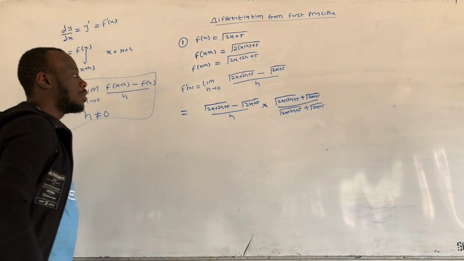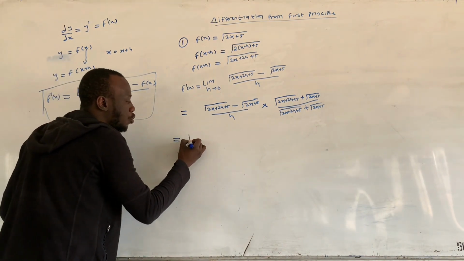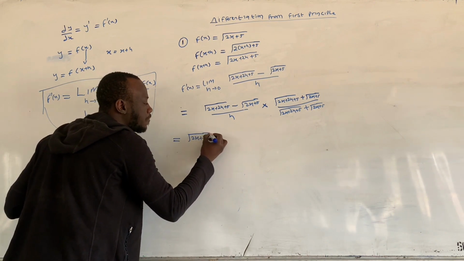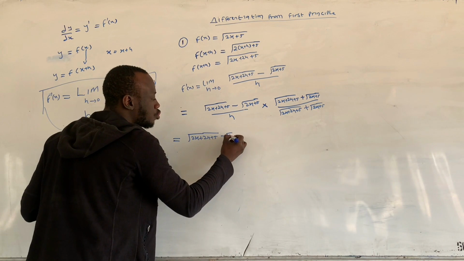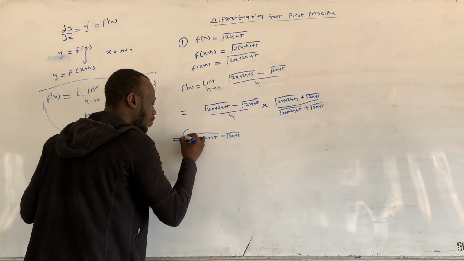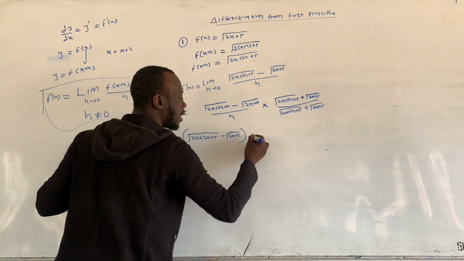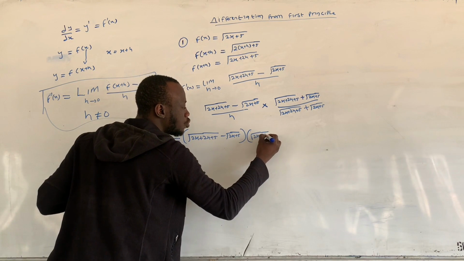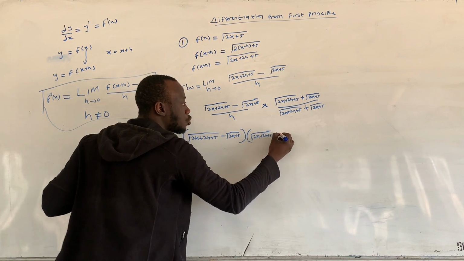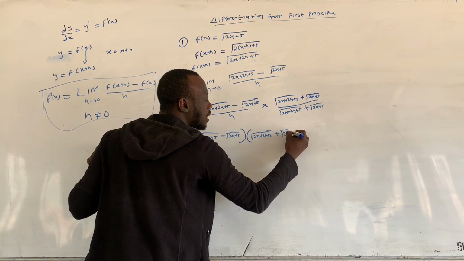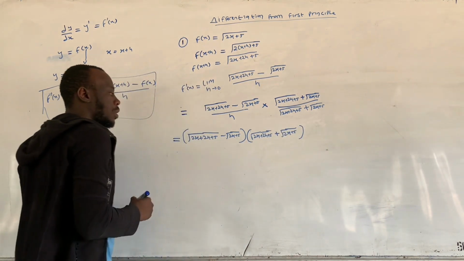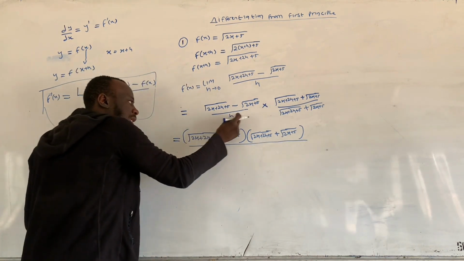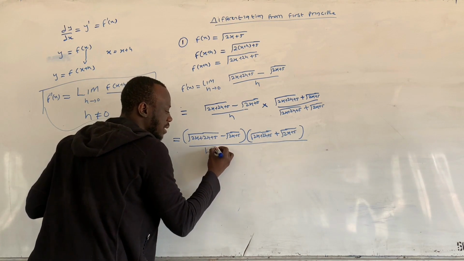So this becomes root 2x plus 2h plus 5 minus root 2x plus 5, times this one. We have root 2x plus 2h plus 5 plus root 2x plus 5. Division sign. You see? We multiply this by this here, we have h times what?